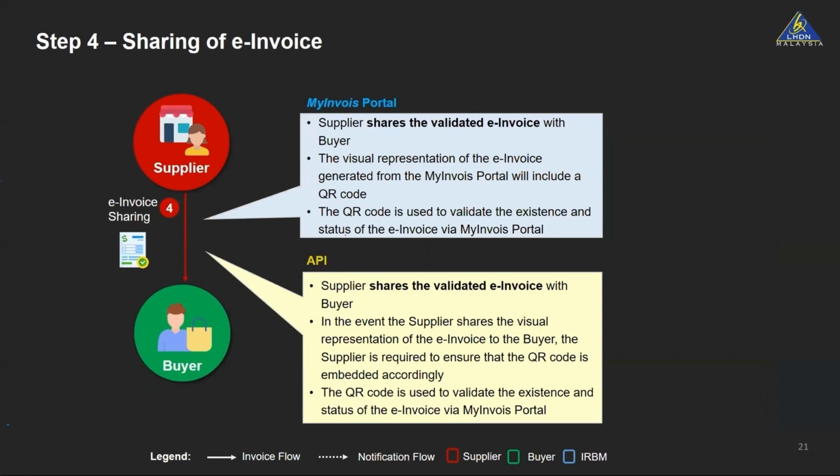Step 4 is sharing of e-invoice. Once validated, the supplier is required to share the validated e-invoice with the buyer. LHDN will provide a validated link in a QR code to the supplier, and the supplier needs to embed this QR code first before sharing the validated e-invoice with the buyer.